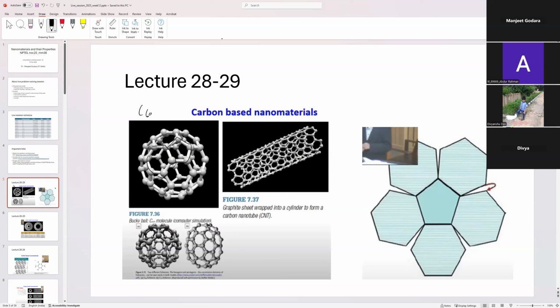As he has shown how a buckyball is made, you have a pentagonal shape and there are hexagonal rings attached to it, and the angle is not perfectly 120 degrees between them. And when you fold them up, they'll join. If you cut them and lay them flat, there will be some space between them.